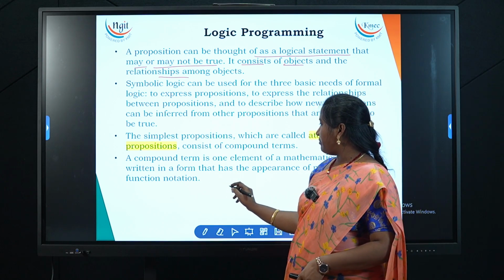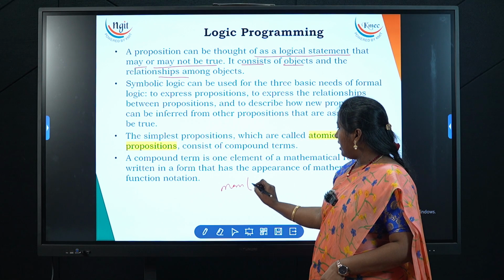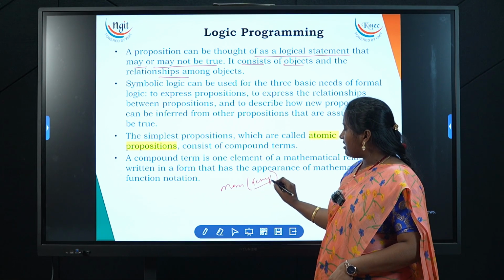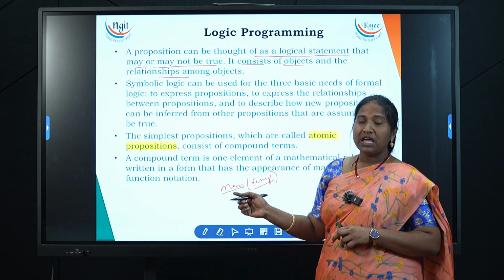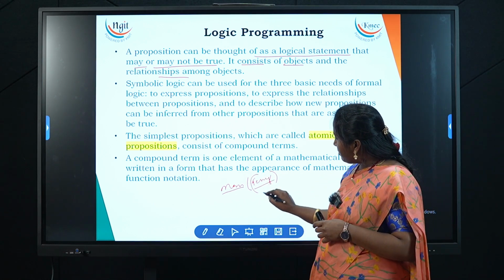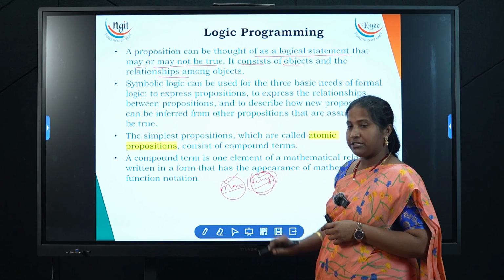Let me give an example for better understanding. Now I'm just writing man, and here I'm writing Ferry. Ferry is the name of a person. The way you have to understand logic programming is, this will be the relationship, and this will be the parameter.